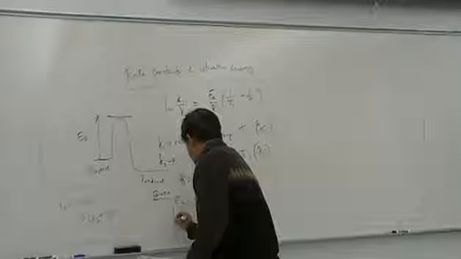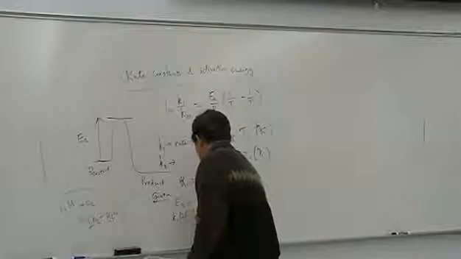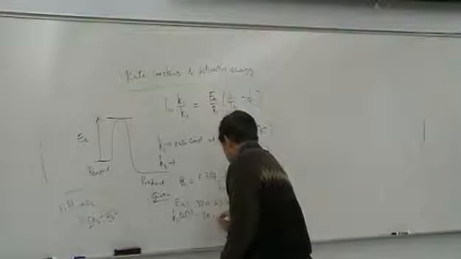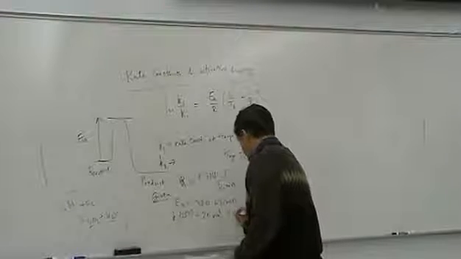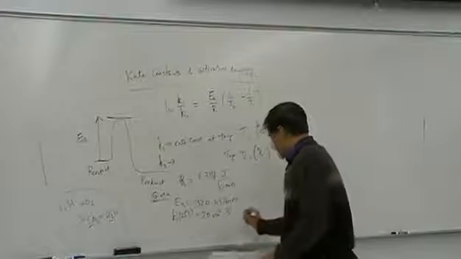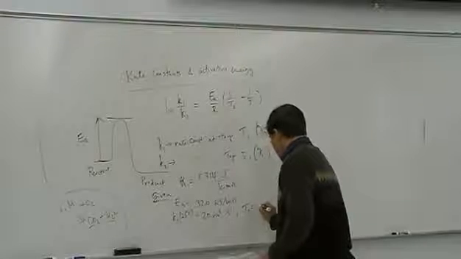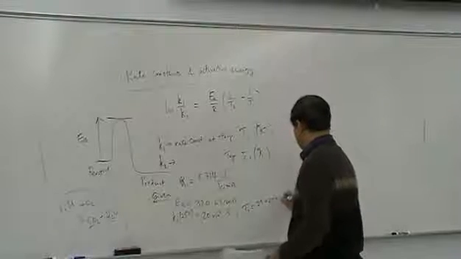Say K1 is given at 25 degrees centigrade, and which is 2.0 times 10 to the negative 2 per second. And obviously my temperature 1 that goes with K1 would be 25 plus 273. So that's how you get the Kelvin value.